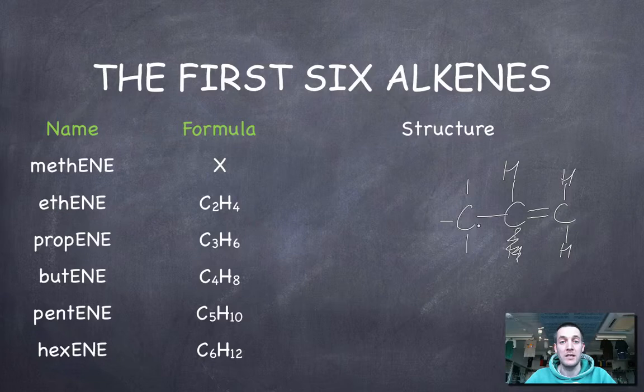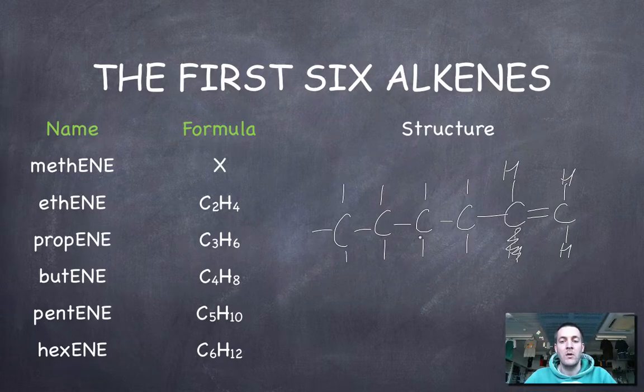Now I'm getting lazy again and not drawing all the hydrogens because I want to save time, but bad habit, don't do it. And then that would be C3H6. Hopefully you can satisfy yourself that there are 6 hydrogens there. Put another carbon on, so extend the chain by another CH2. And it's become C4H8, C5H10, and C6H12.